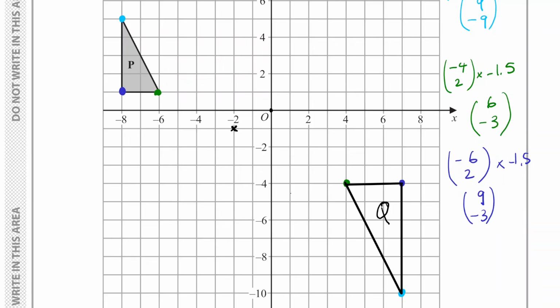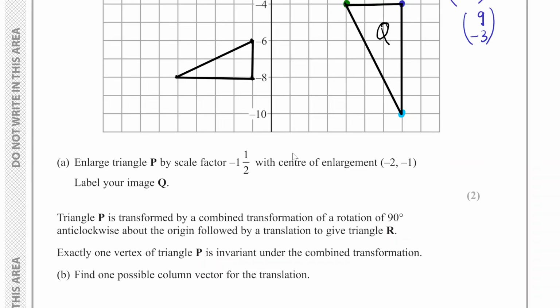So if we rotated that 90 degrees, that would be 6 down, 1 to the left. And then 8, 1, and 8, 5 will be 8, 5. So our rotation of 90 degrees gets us to here.